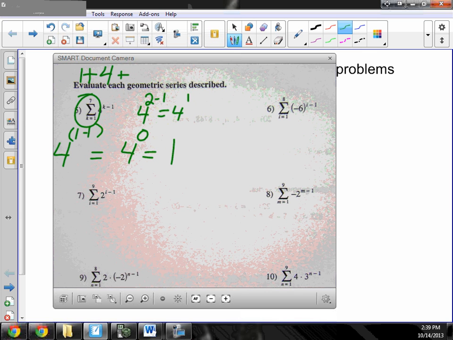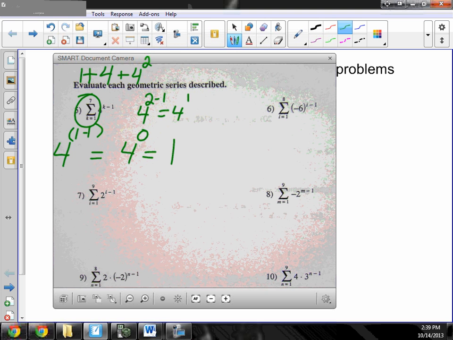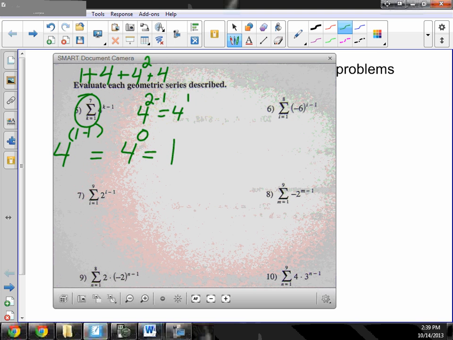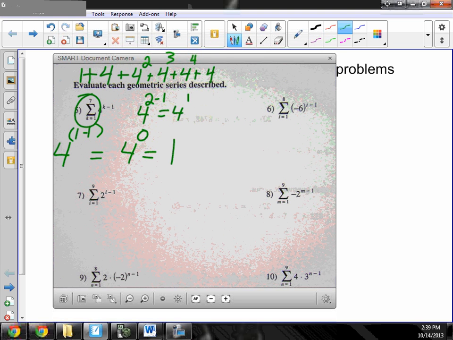Plug in 3. 3 minus 1 is 2. So I just write it as 4 squared, because I don't really know my 4 times tables beyond 3. Plus 4 to the third, plus, when am I going to stop? When I plug in 7. And what exponent do I get when I plug in 7? 6. So 4 to the 5th plus 4 to the 6th.